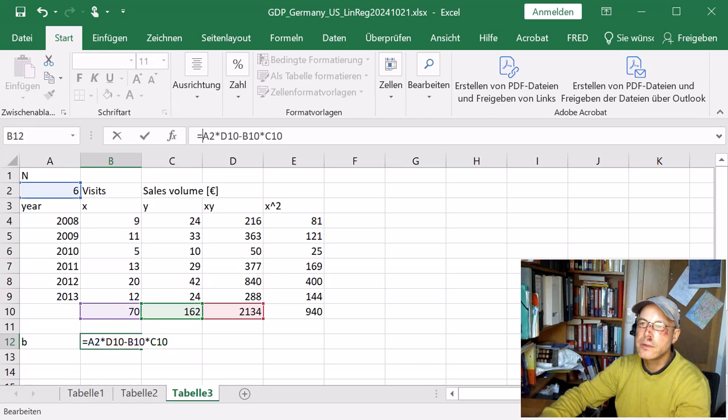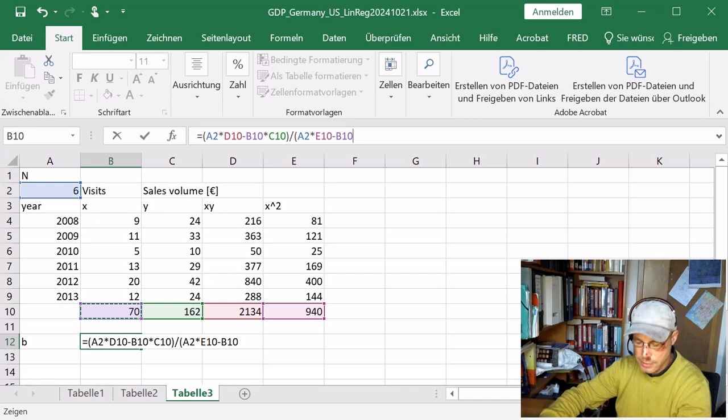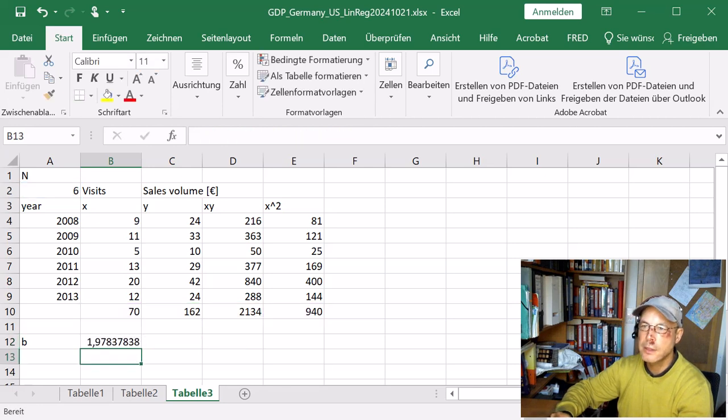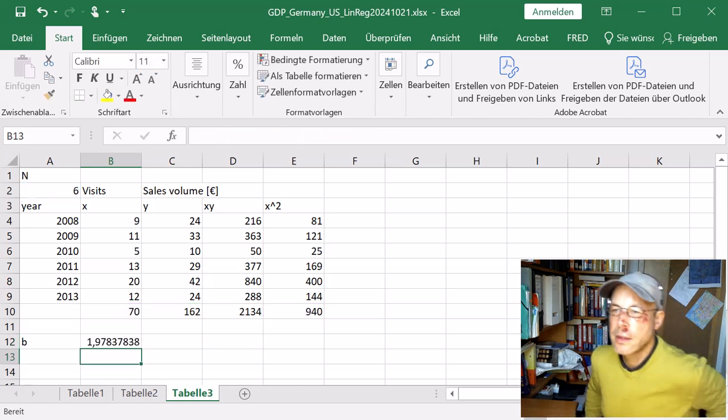So what we then also need is that we have here brackets, opening brackets, 6 times the sum of x squared 940 minus the sum of x, 70, squared. So hopefully I did everything right. I think so.